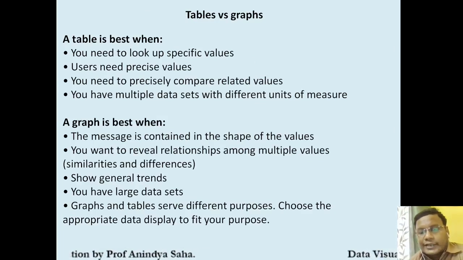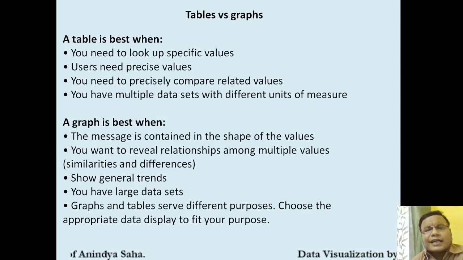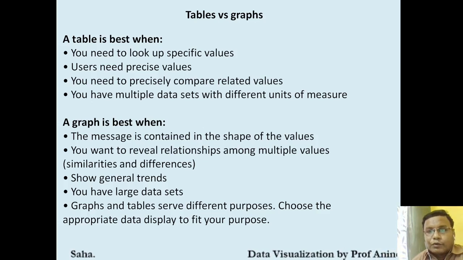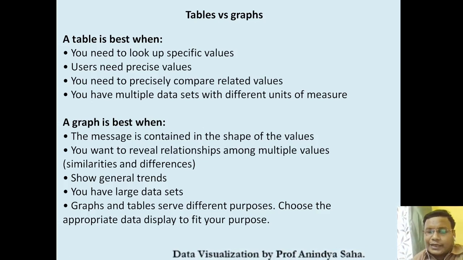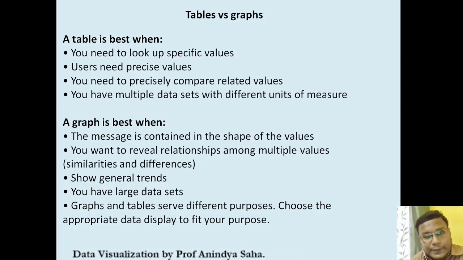We all know table and we all know graph. A graph is a graphical representation, and a table is where we can provide different data in row and column format. We can see particular specific values in a table. We can use the table for a specific purpose.